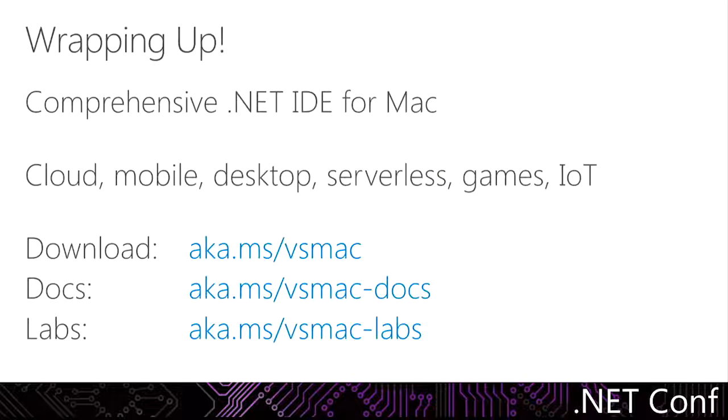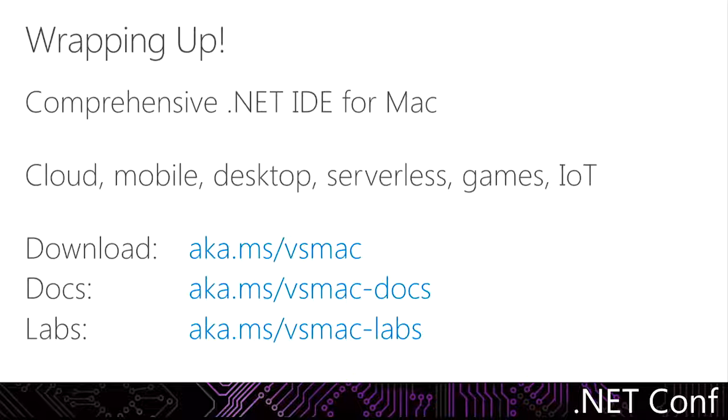So, wrapping up, we saw that Visual Studio for Mac is a comprehensive .NET development experience on the Mac, no matter which platforms you want to target. You can do it all in one place. You can share code using .NET Standard. You can target cloud using ASP.NET Core and Azure Functions for serverless.